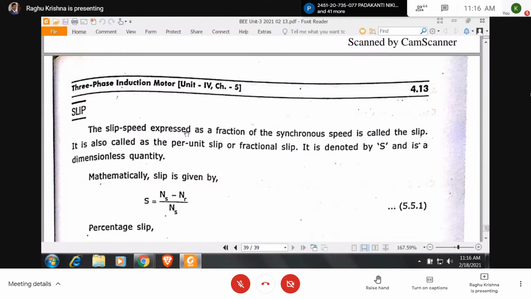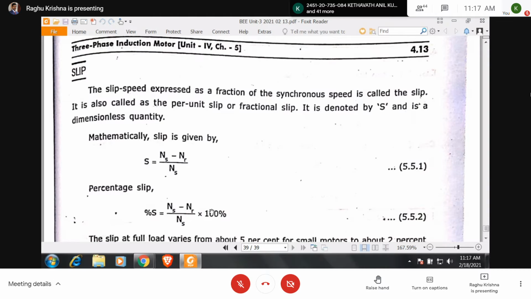So the slip speed expressed as a fraction of the synchronous speed is called the slip. It is also called the per unit slip or fractional slip. It is denoted by S. So here S equals Ns minus Nr by Ns.